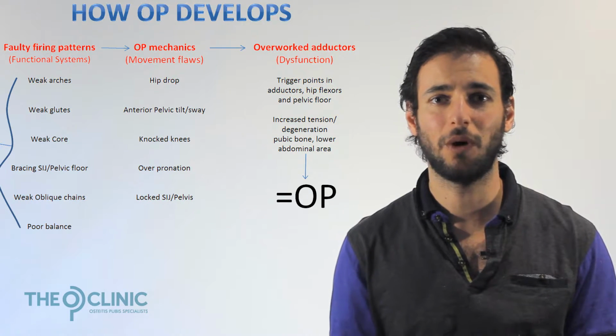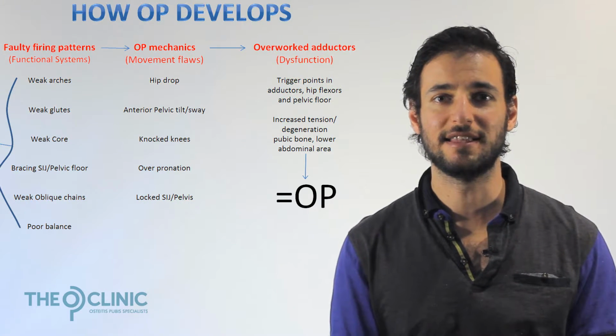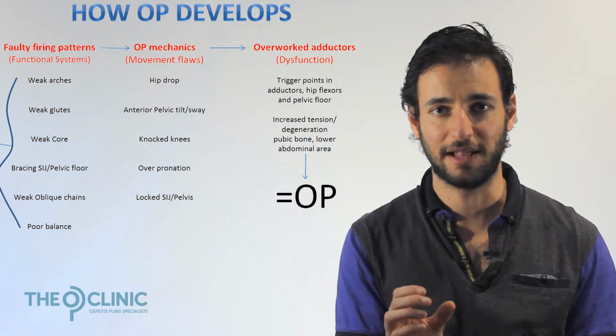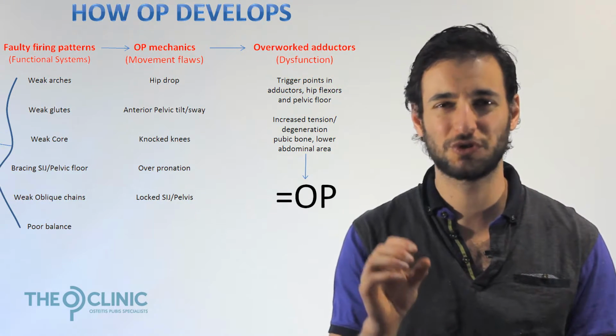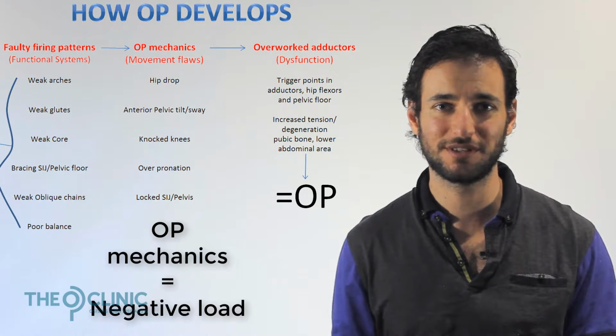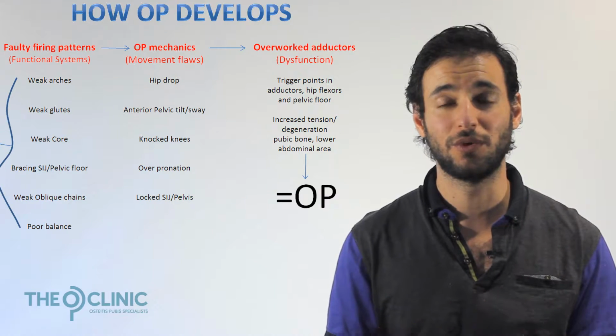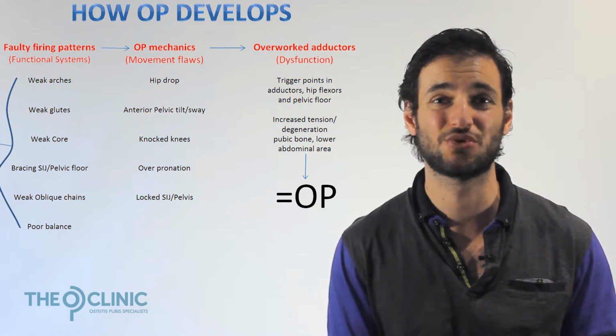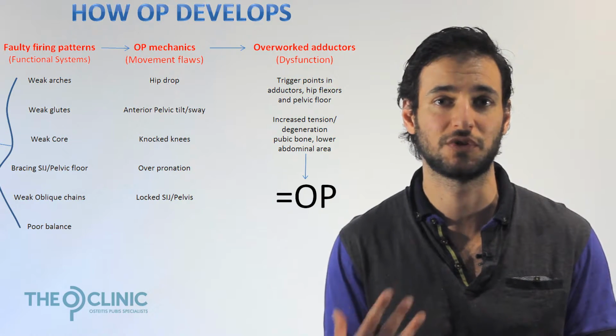These mechanics are negative movement patterns. They provide a lot of force, torsion, dysfunction and load on your joints. And so your adductors try to compensate, trying to overwork to protect you from the injuries that those OP mechanics cause.